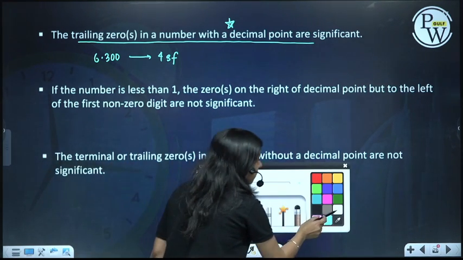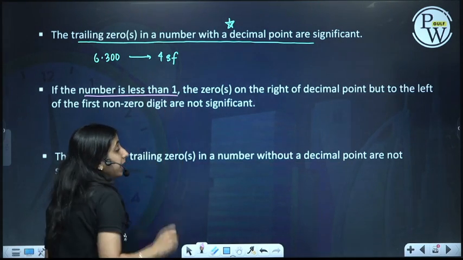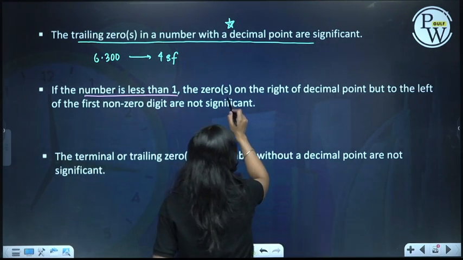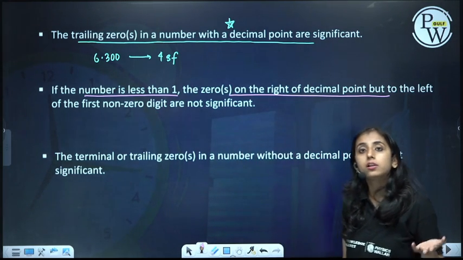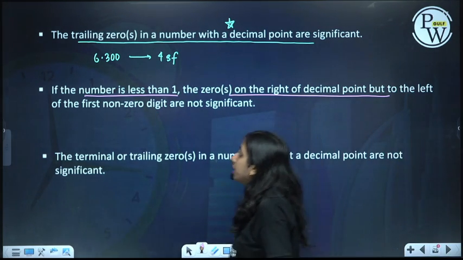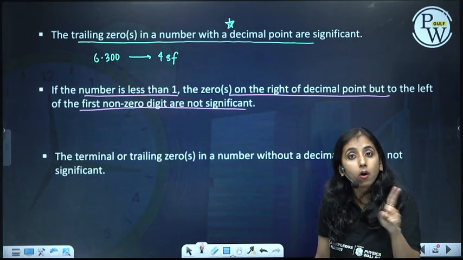Now, next: if my number is less than 1, then the zeros on the right side of the decimal point but left of the first non-zero digit are not significant.